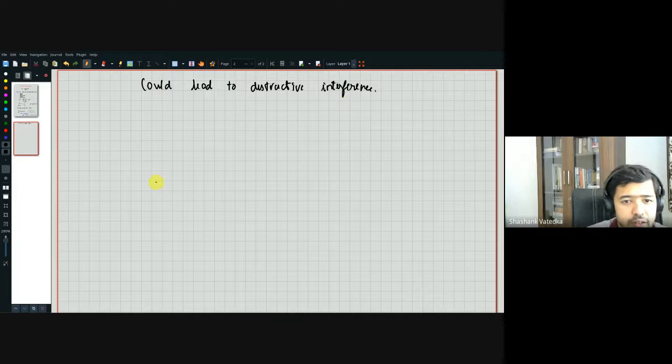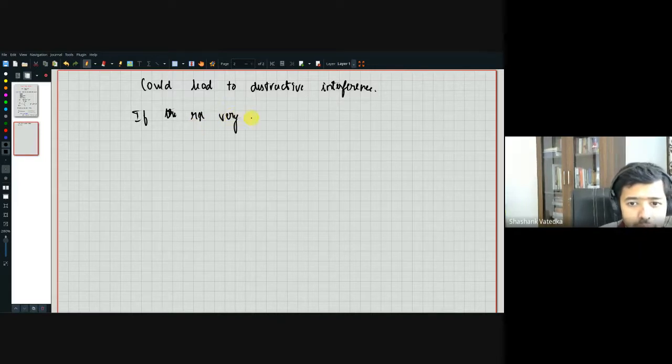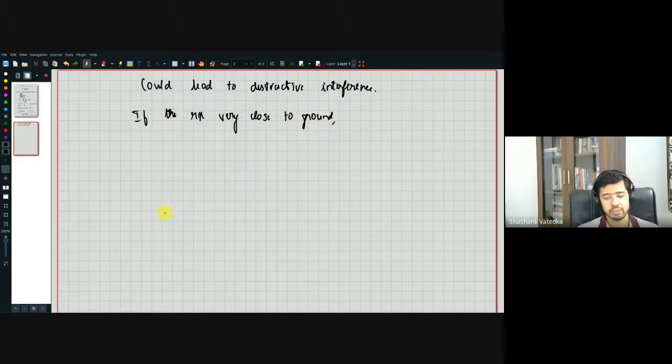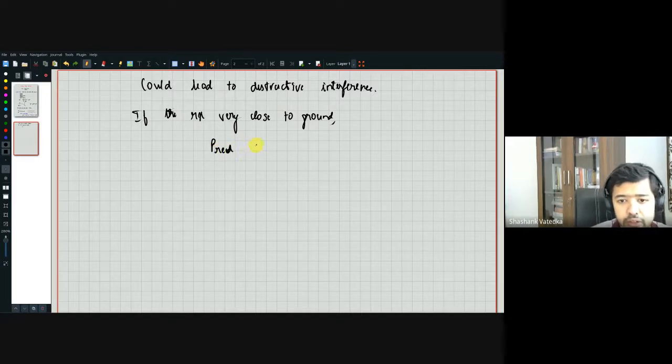All right, and in particular, if the receiver antenna is very close to the ground, whereas the transmit antenna is mounted really high up, something which is very commonly seen in cellular communications, typically the downlink of a cellular communication system, it turns out that the received power in fact decays very fast.